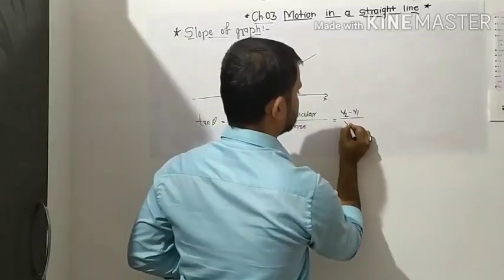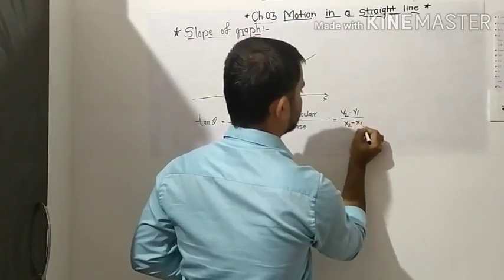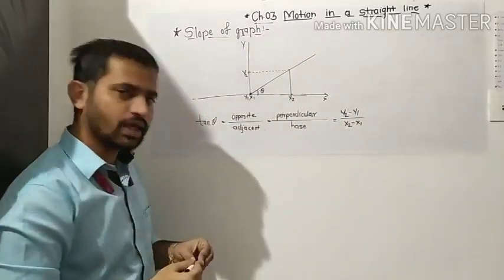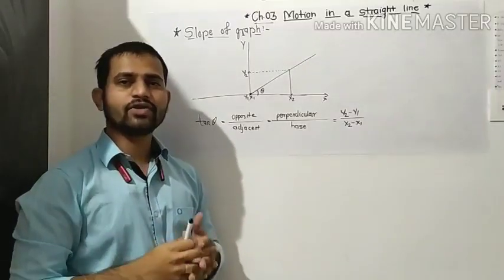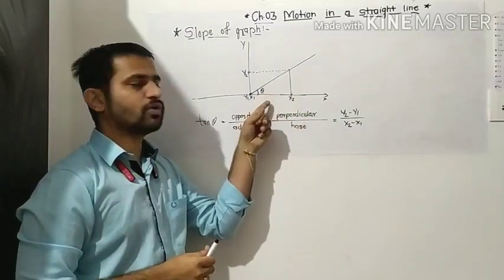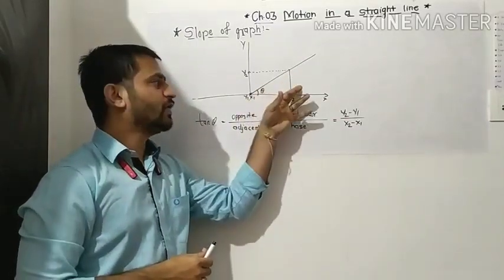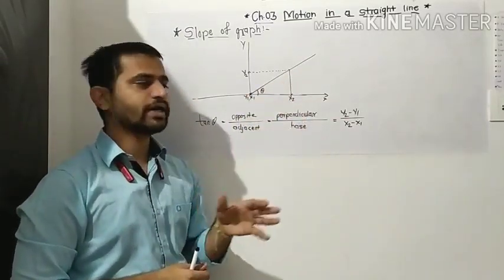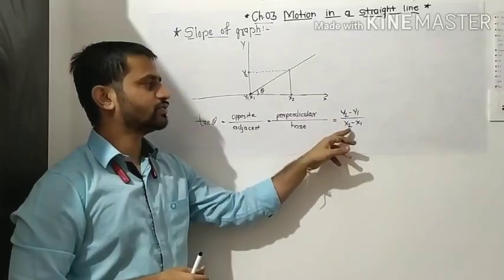To find the tan of any angle, we have the formula: tan theta is equal to perpendicular upon base, and the perpendicular we can find in terms of the coordinates as y2 minus y1 upon x2 minus x1.